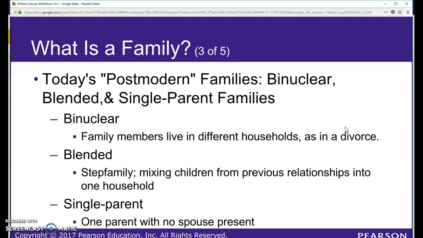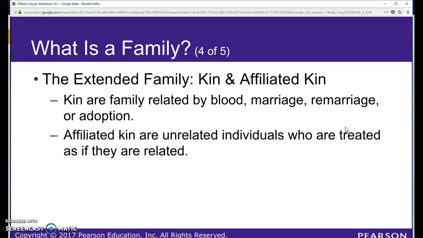We have binuclear families, where family members may live in different households, such as when mom and dad divorce and kids may travel back and forth between both households. We have blended households where maybe one divorced parent remarries and the step-parent has children and they're blending these families together under one roof. And certainly we're seeing an increased number of single-parent families as well.